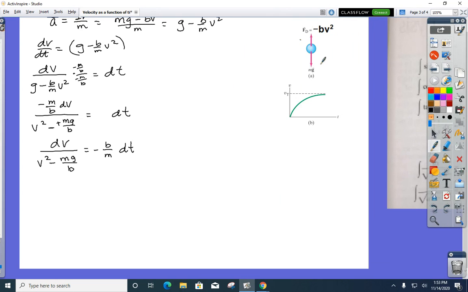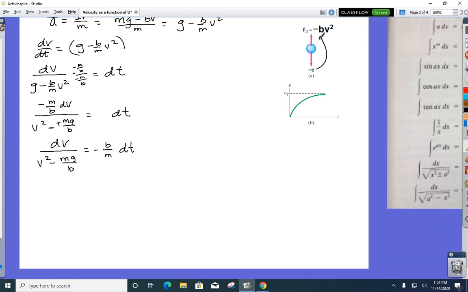According to this up here, I'm assuming mg is bigger than negative bv squared, right? Because it's accelerating downward. So let's just see what that looks like. We're saying that bv squared is less than mg while this thing is speeding up. So v squared is less than mg over b.